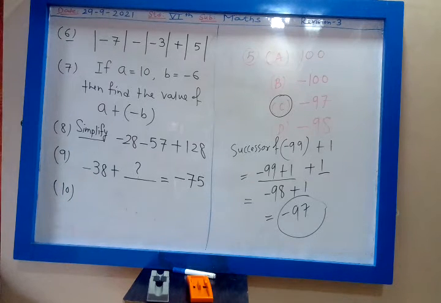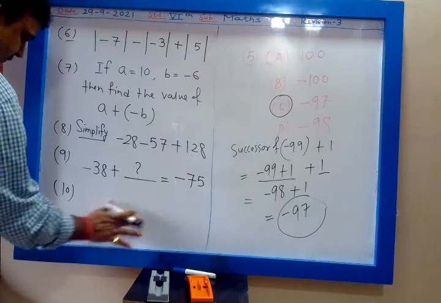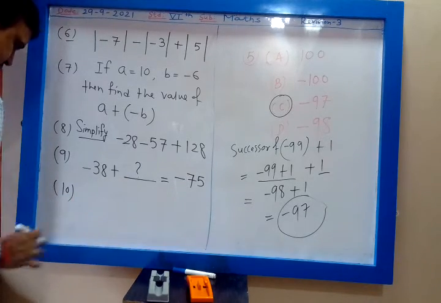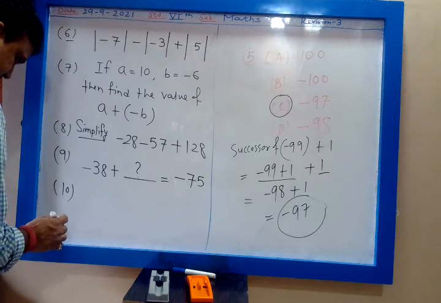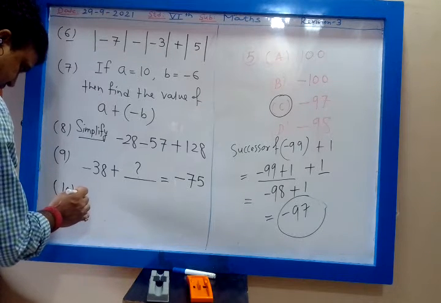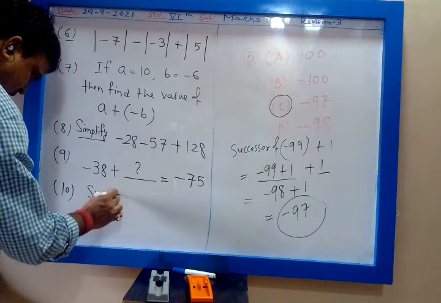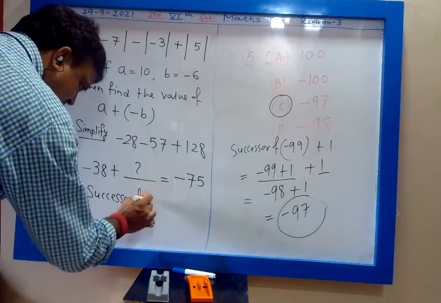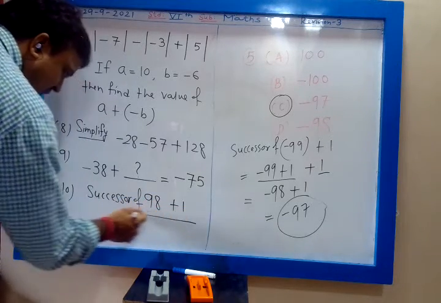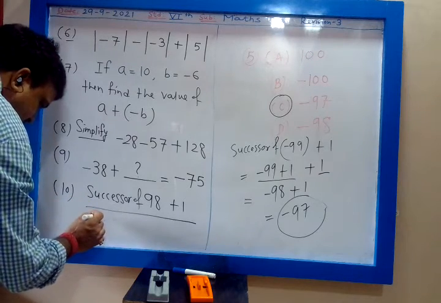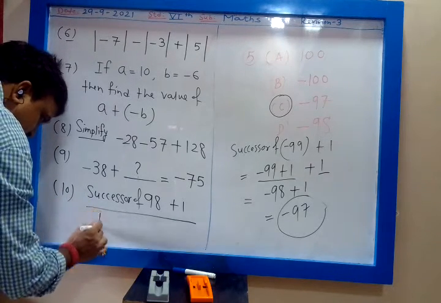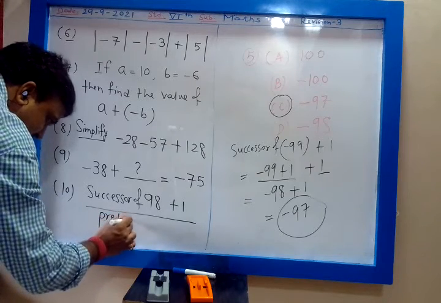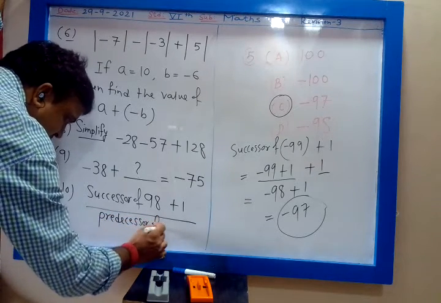10th one. One more question. Successor of 98 plus 1 upon predecessor of 51.